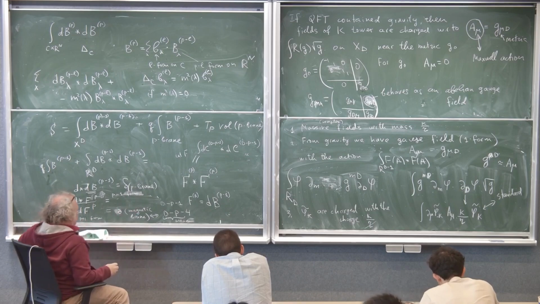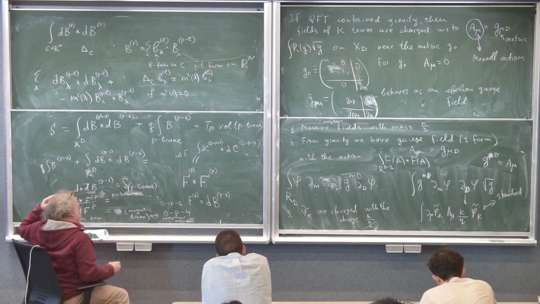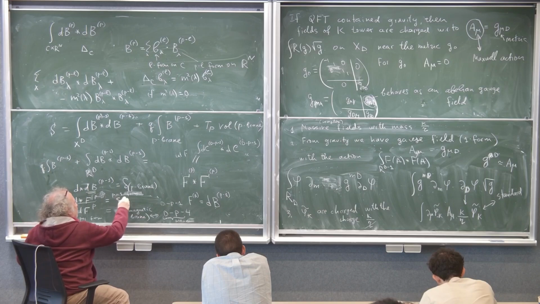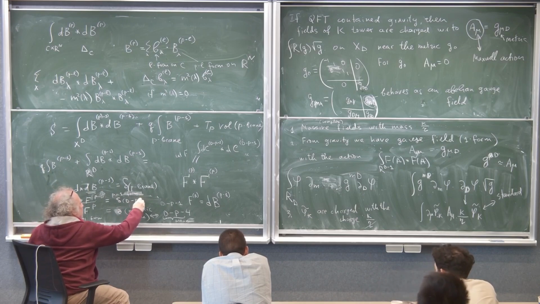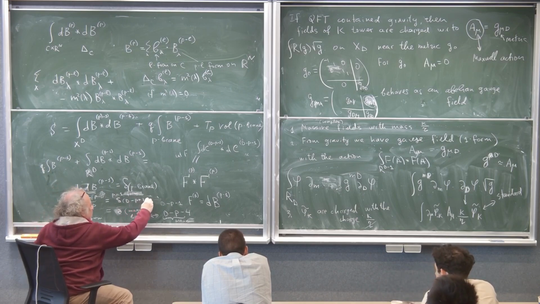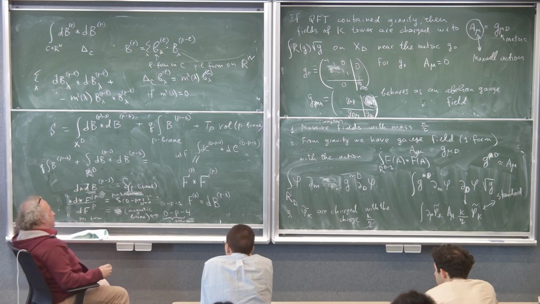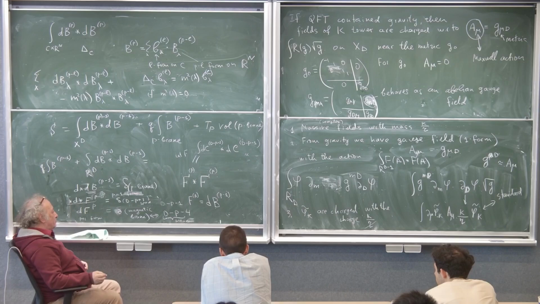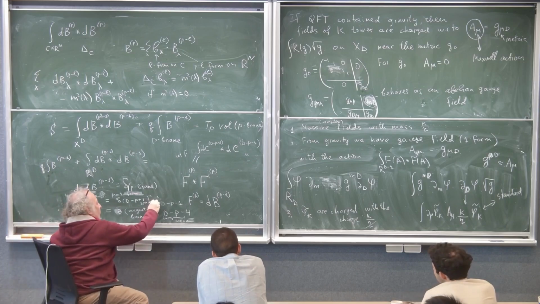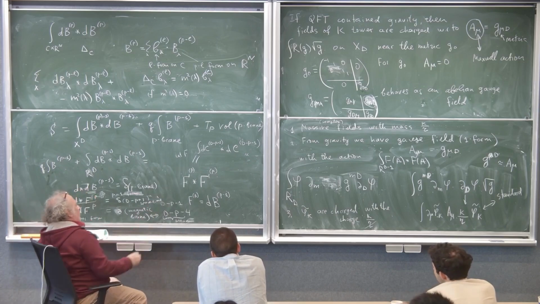So this is p minus 1 form, right? It is delta on D minus p plus 1 dimensional space-time.